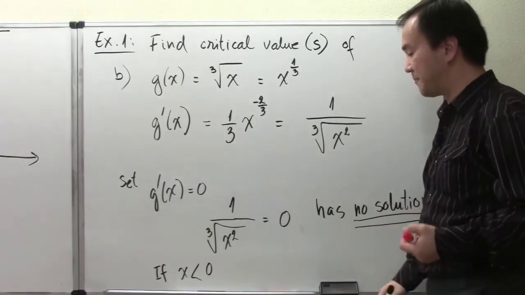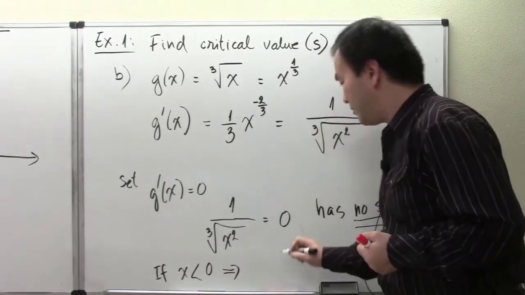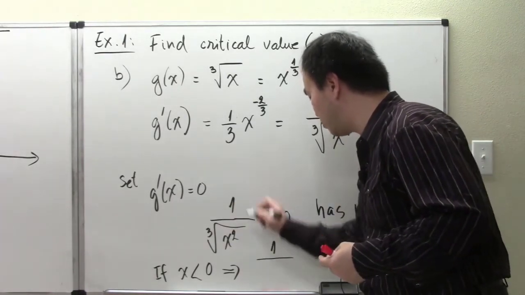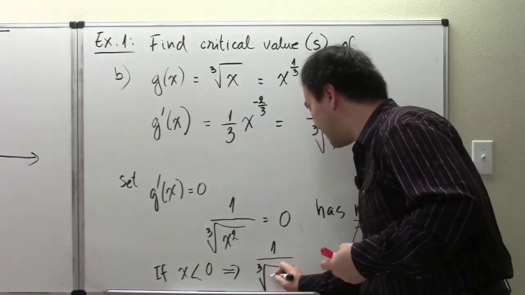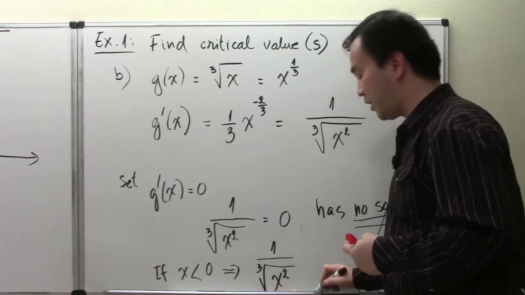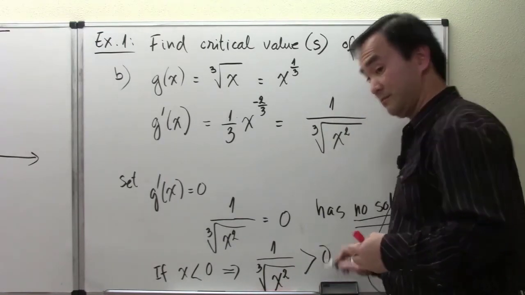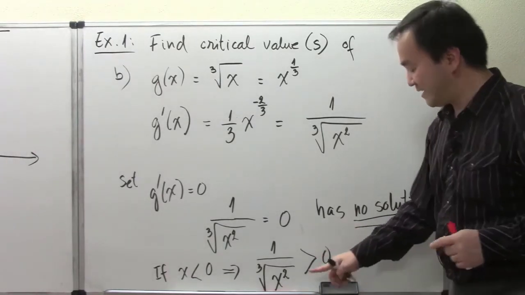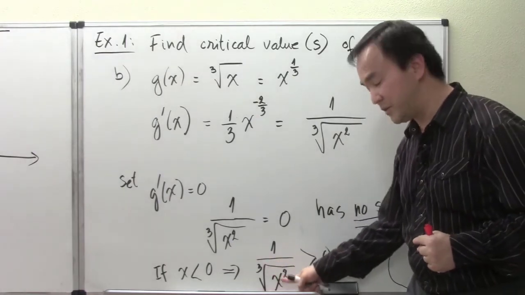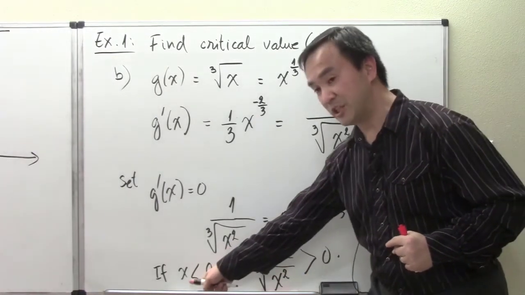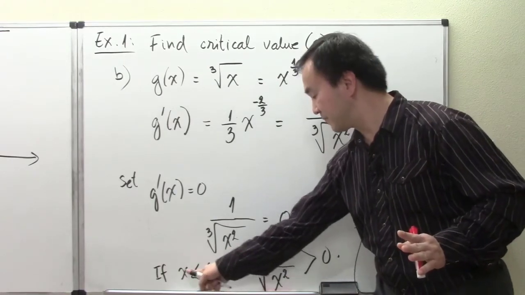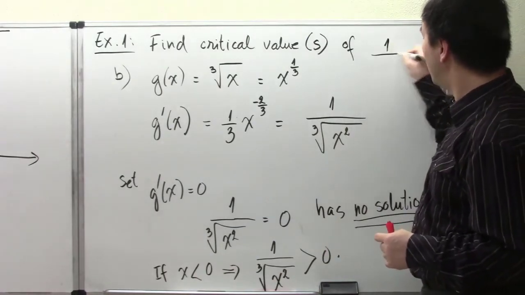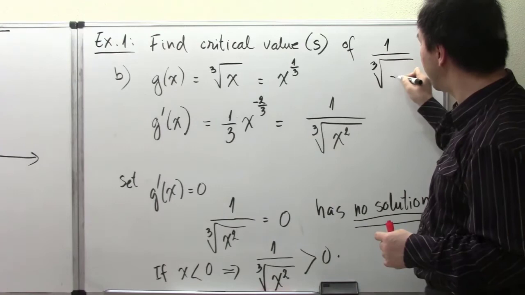When x is less than 0, then here's what happens. If x is negative, the expression on the left hand side, 1 over cube root of x squared, is also positive. I hope it's not a shock to anyone, but here's how it happens. Recall that inside of this cube root we have a square, so if we're substituting in a negative value, think about 1 over cube root of, substituting in negative 1, for example.